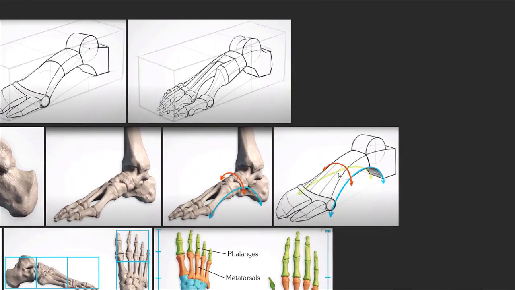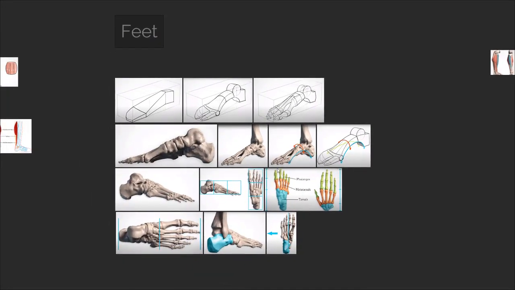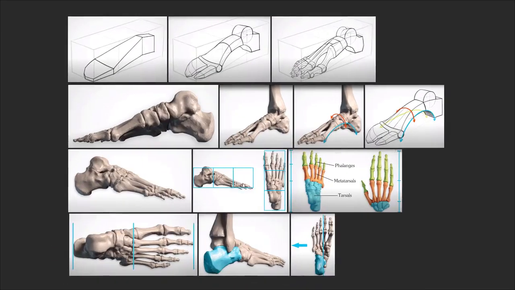So we're gonna have this nice arch like in this angle. Also, we're gonna have this arch here in the interior part, and this other one in the exterior part. So we're gonna have a look at it when we are going to block the general volume.